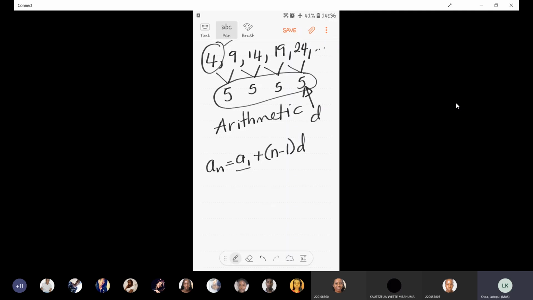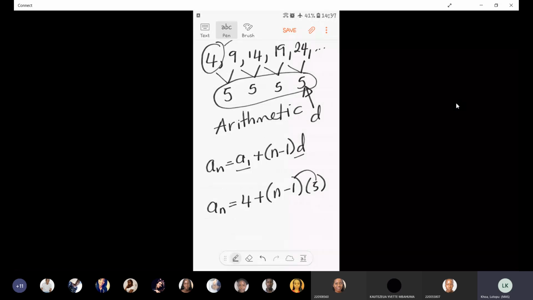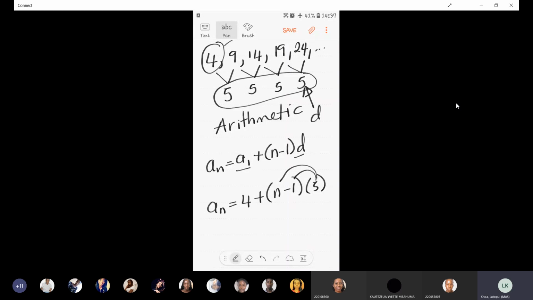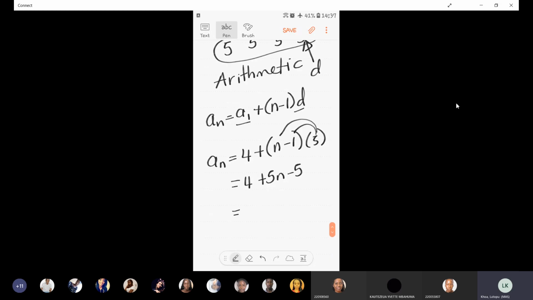I will substitute them over there. So in general, a_n is 4 plus (n minus 1) times 5. Then I can multiply this out to simplify it. This is 4 plus 5n minus 5. This a_n is just 5n minus 1.